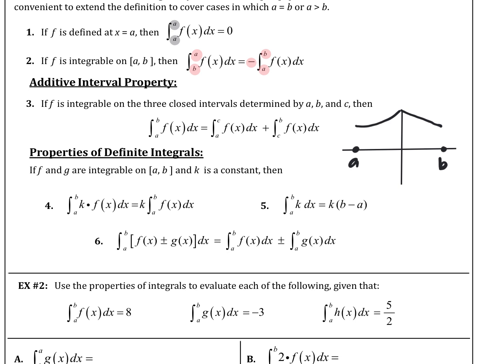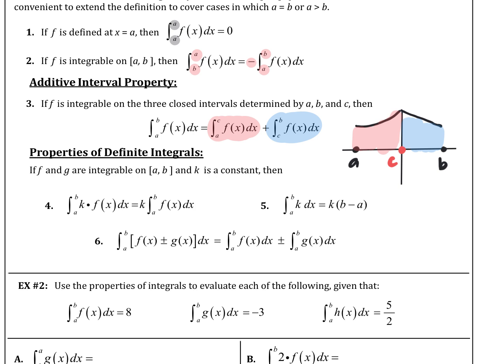But we could also break this up and say, what if I had a point C in here? Let's say that this was point C at the origin. Do you guys agree that I could take from A to C the area underneath that curve and then add that with the area from C to B, and that would be the exact same thing as from A to B? Yeah, it's just a different way of writing it.